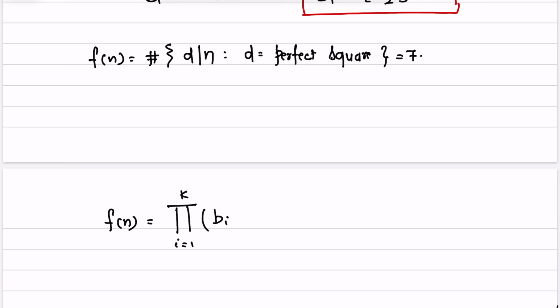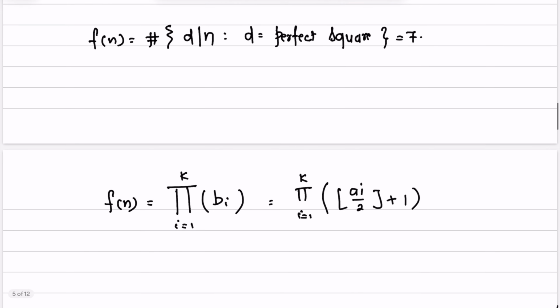Do you agree? That is equal to the product of i is equal to 1 to k. What is bi? Greatest integer of ai by 2, plus 1. Sorry, this greatest integer should be for this only, plus 1. This is what is given.